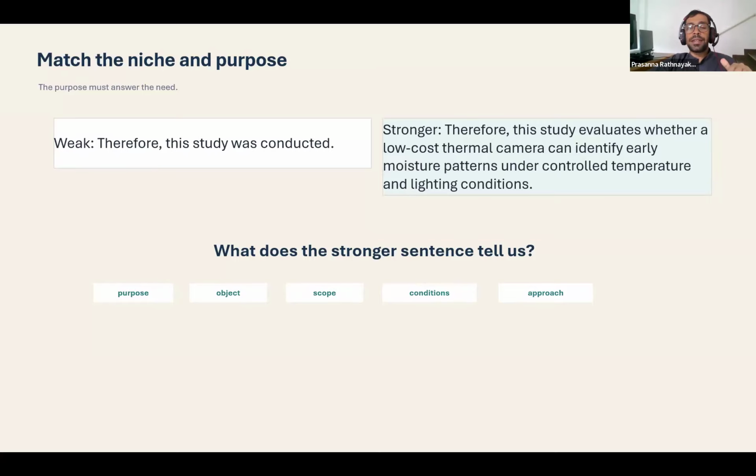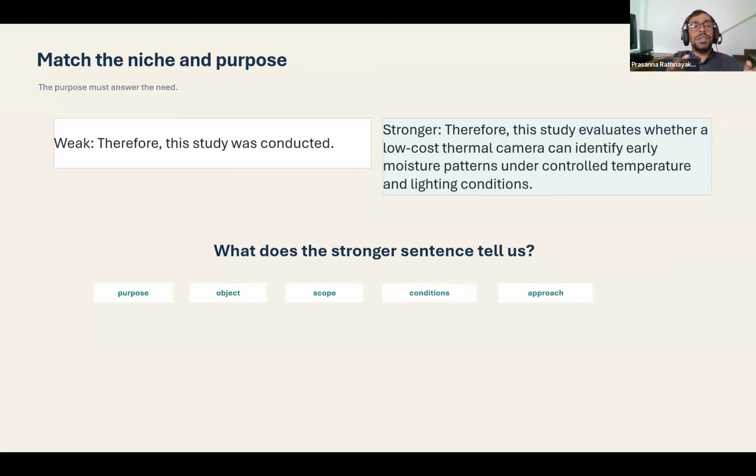So, my dear friends, the lesson is simple. When you occupy the niche, the reader should see how your study responds to the exact need you identified. In the niche, you identified an exact need.